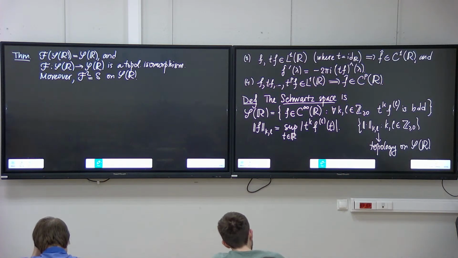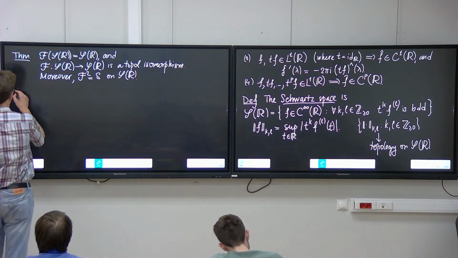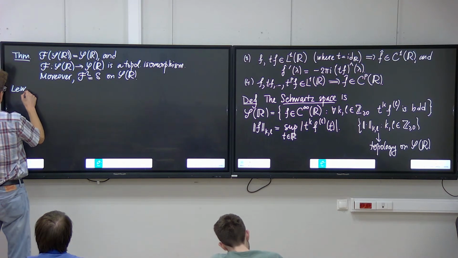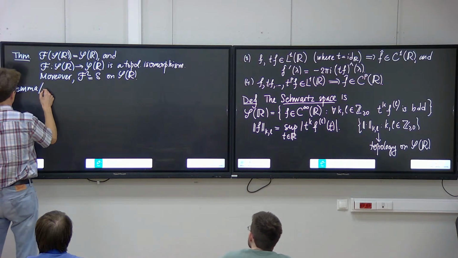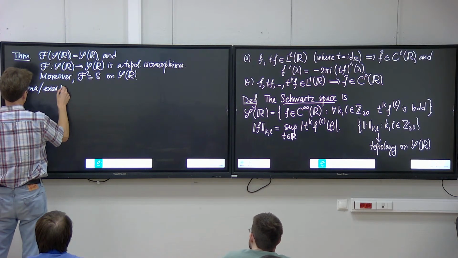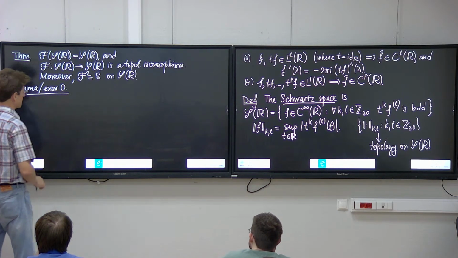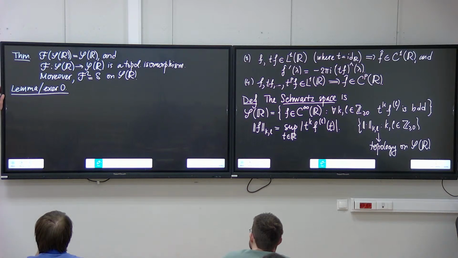Well, I will not give you all the details of the proof, but instead I'll divide the proof into several sub-exercises which are not very hard, and I hope you will be able to reconstruct the details. Well, exercise 0 is actually not about the Schwartz space and not about the Fourier transform, but it's just a standard criterion of continuity of a linear operator.